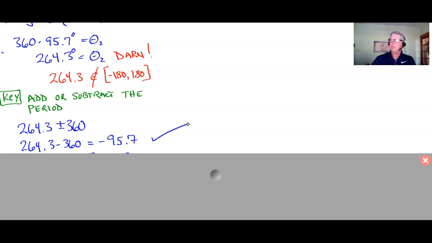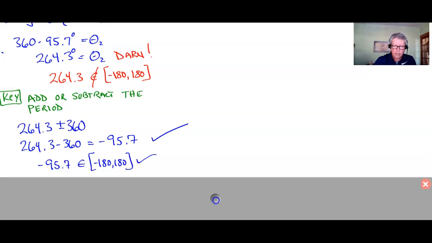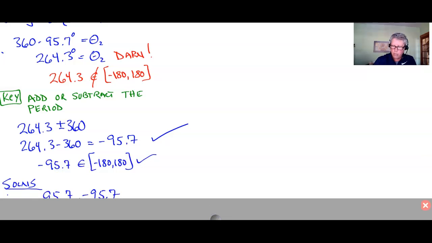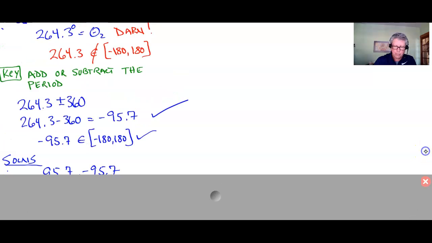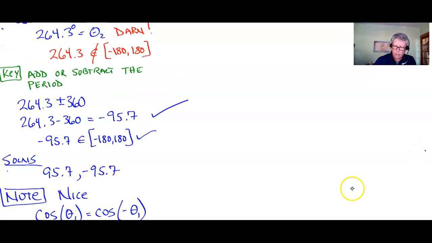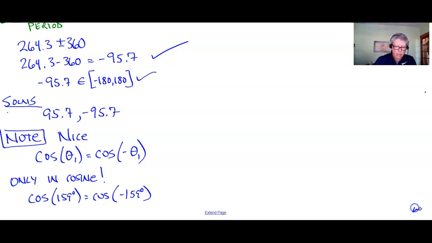If you're like, whoa, wait a minute, didn't he already get that? Yeah, it's kind of a cool thing to notice with cosine. Those are my two answers. This is a nice identity that you maybe use more and more.